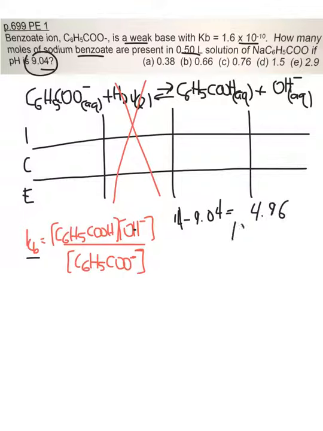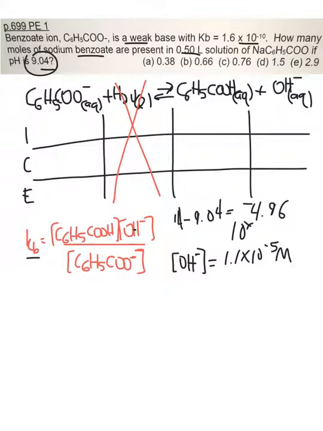Take the anti-log of the negative 4.96 pOH and let's get the OH concentration here, which in this case, when it approaches equilibrium, is 1.1 times 10 to the negative fifth molar for OH.